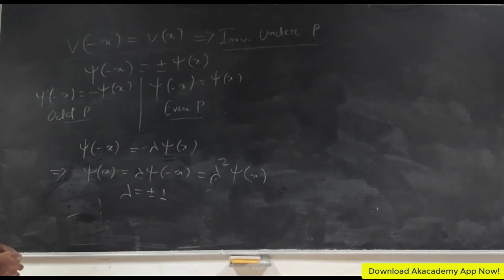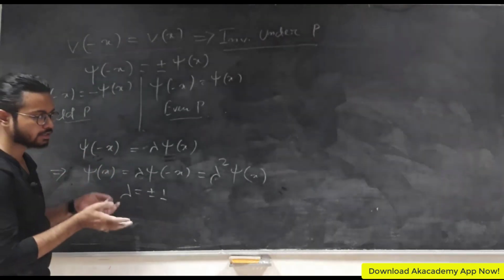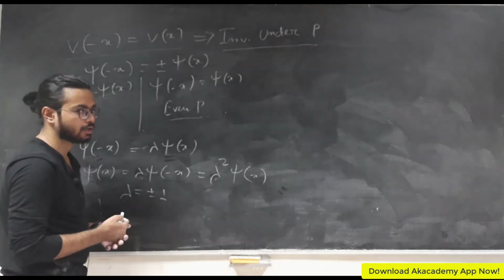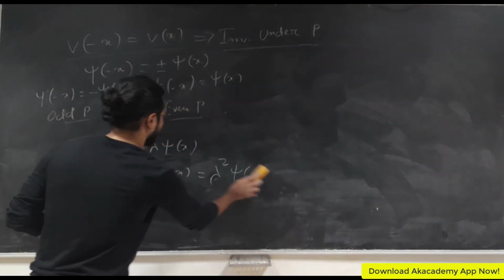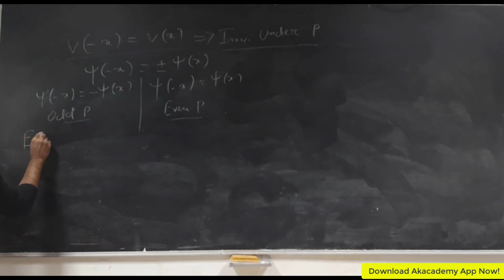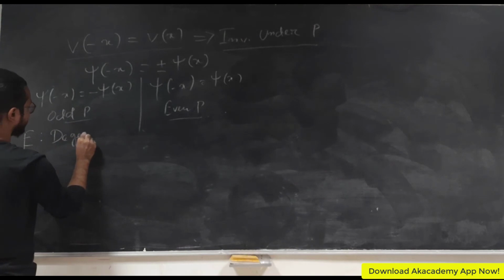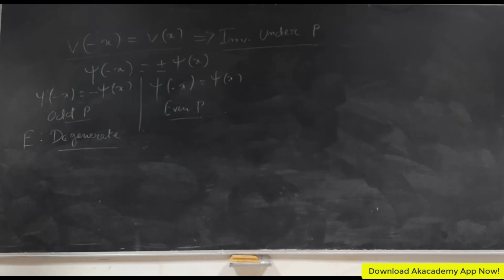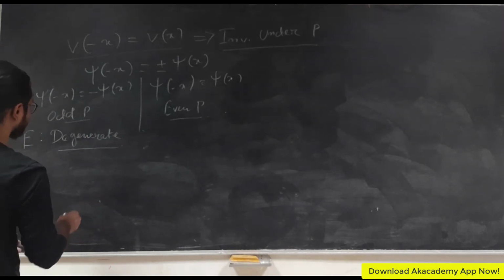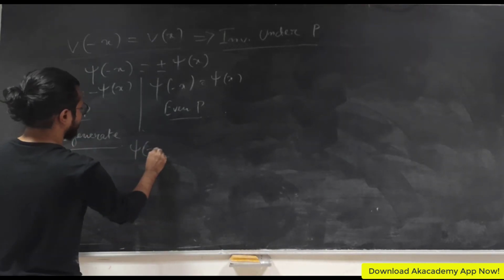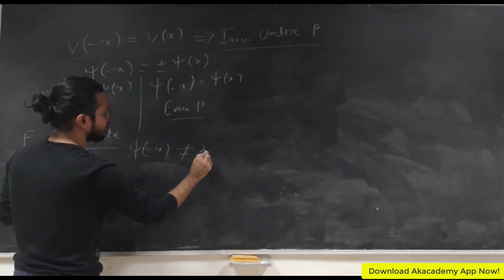So this was the case for a non-degenerate state. What happens when the energy state we're considering is degenerate? When E is degenerate, psi of minus x need not be equal to psi of x, right?